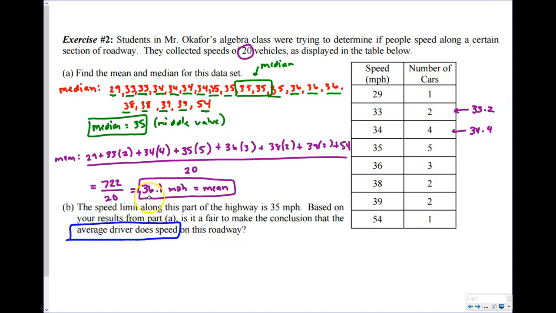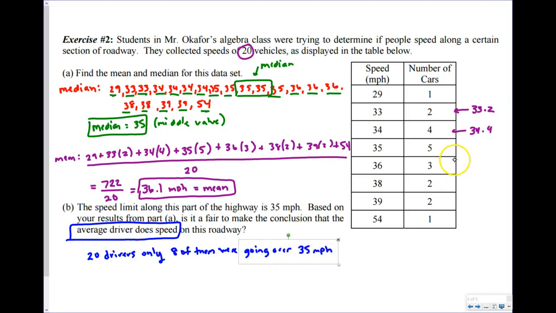Well, according to the mean, it says 36.1. So you first look at this and you think, well, if the average speeder is going 36.1, the 36.1 is bigger than 35, so it kind of makes sense they're speeding. But if we take a closer look at the actual data, we can see that out of 20 drivers in our data set, only 8 of them were going over 35 miles per hour.